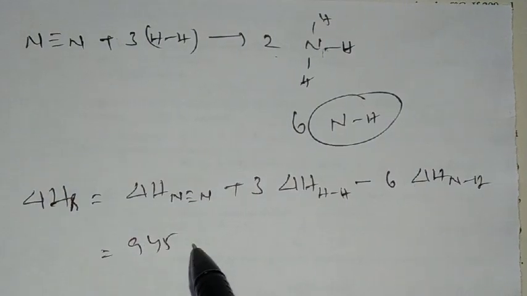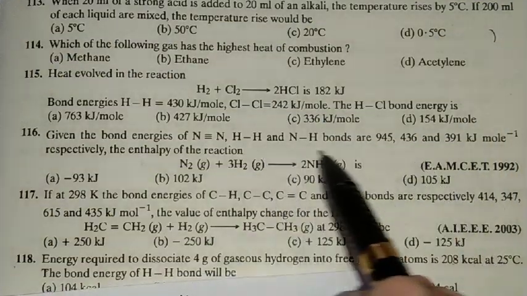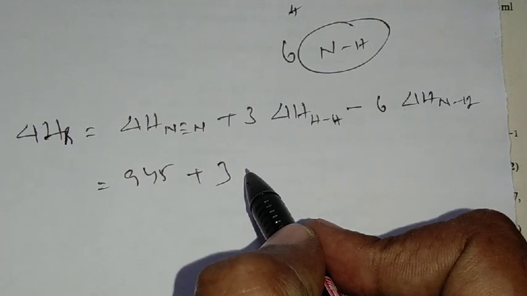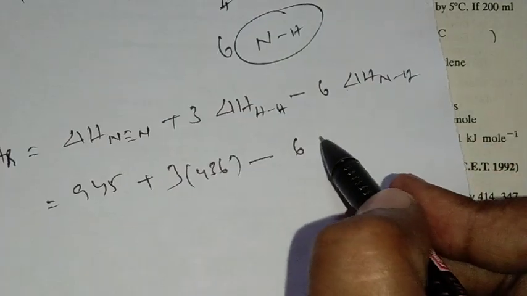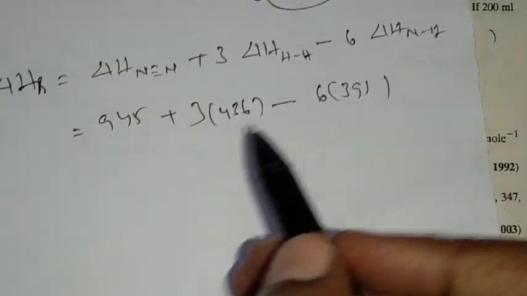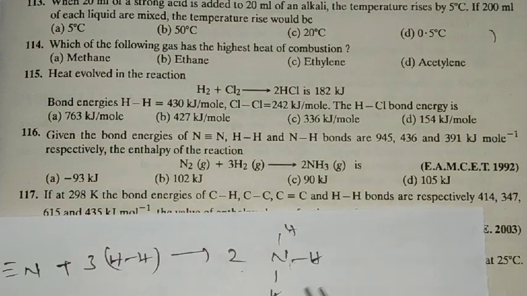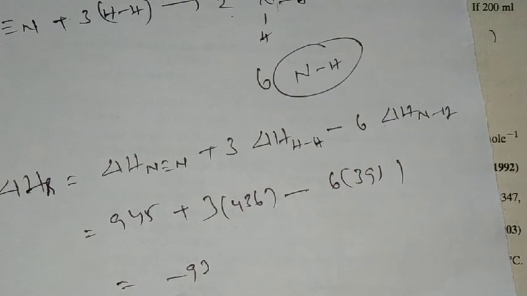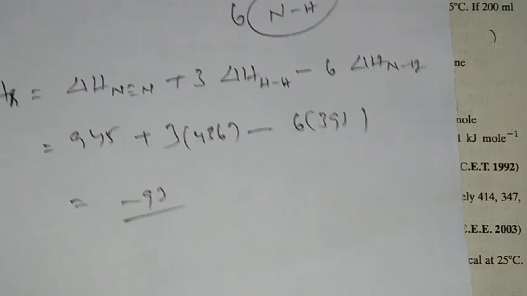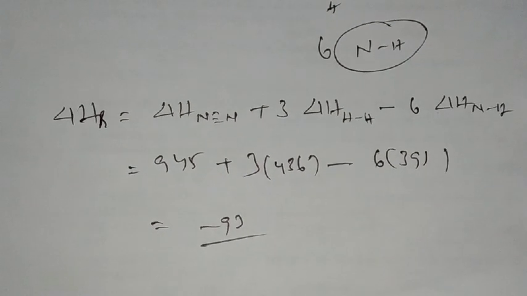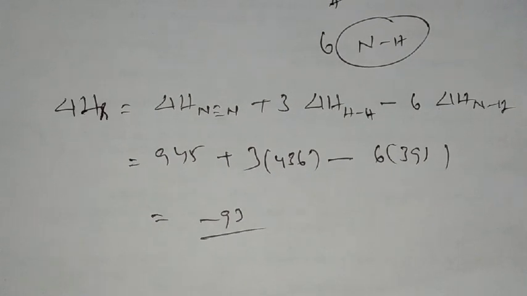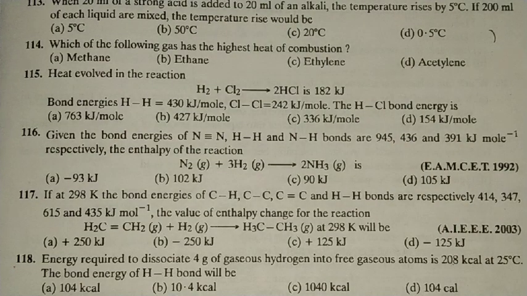So 945 plus 3 into H-H single bond, 3 into 436, minus 6 into 391. Okay. So if you simplify, you will get minus 93. See there, minus 93. Just see the procedure and do the simplification. Very simple and very important model. Many times questions have been asked based on this model of bond energies. Okay, right. Look at the next question.